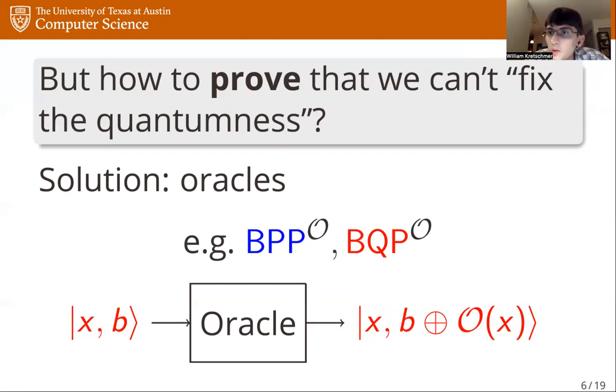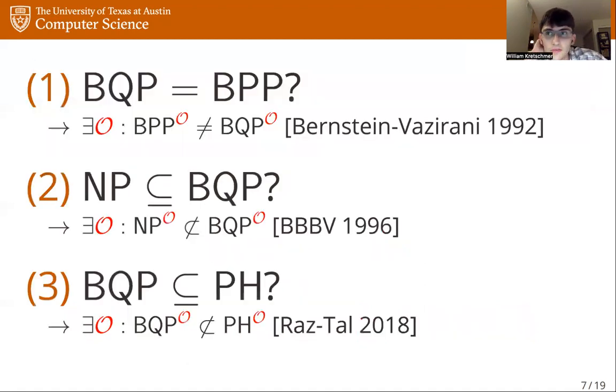And so just to give a few examples of where these oracles show up in well-known results in quantum complexity theory, well, in fact, if you look at what are arguably maybe the three most important questions about BQP, namely one, is BQP equal to BPP? Or in other words, can quantum computers be efficiently simulated by classical computers? Two, is NP contained in BQP? Or in other words, can quantum computers efficiently solve NP complete problems? And three, what is the best classical upper bound on BQP?